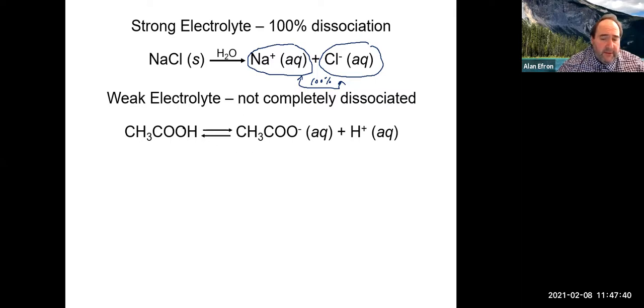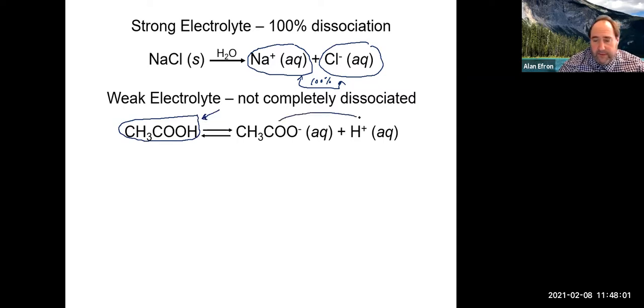Now, there are also weak electrolytes, and weak electrolytes are found with weak acids, and there are also weak bases as well. Unlike a strong electrolyte, with acetic acid, by the way, what you have in solution is mainly the whole thing together.